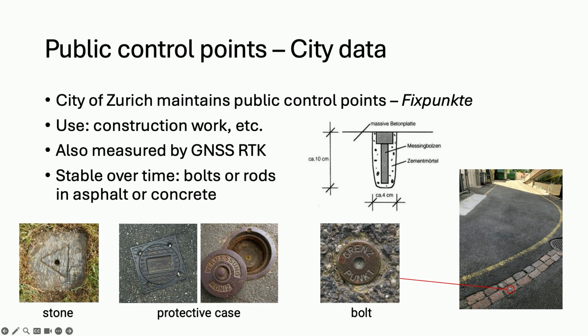And furthermore, as a key highlight of the dataset, we luckily benefit from the public control points from the city of Zurich, which are maintained for construction purposes and actively measured and updated with the GNSS RTK stick. This GNSS RTK stick is a surveying tool that provides longitude and latitude measurements up to 1 to 2 centimeter level accuracy.